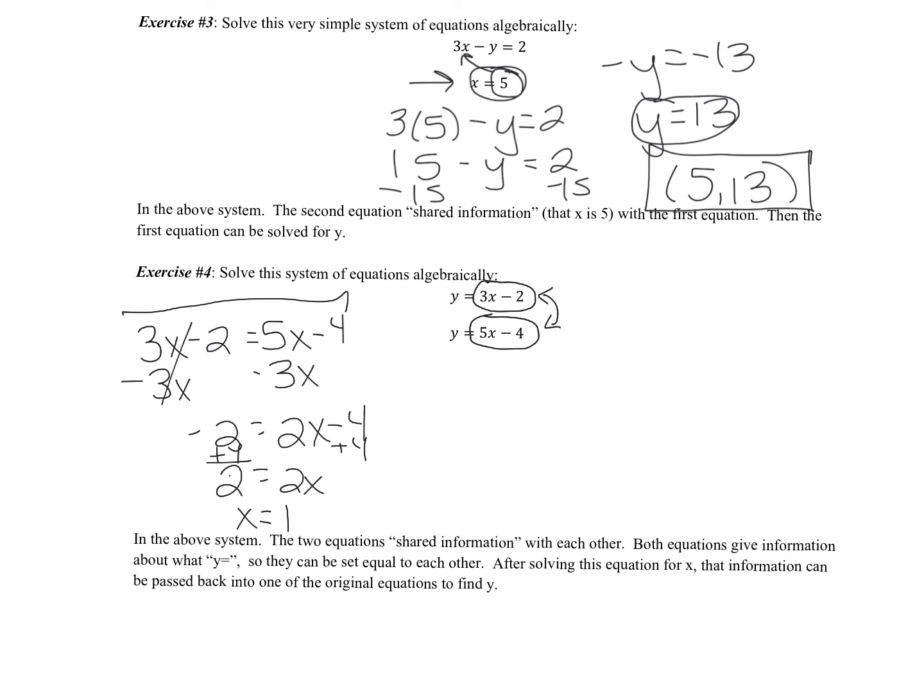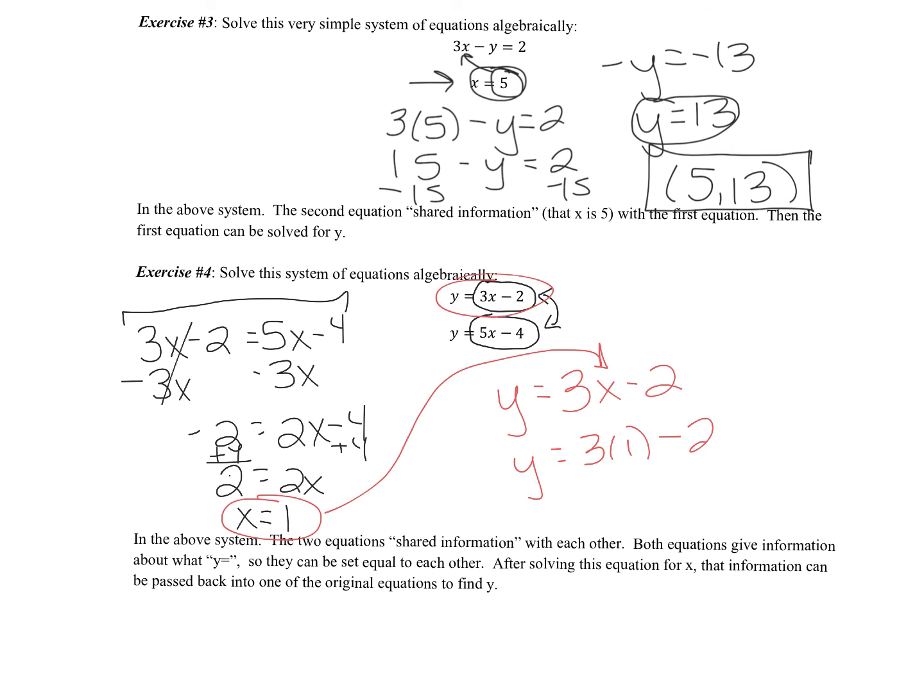I am going to choose the first one, so I'll just write it down. And this equation can now tell us that the x value has to be 1. 3 times 1 is 3, 3 minus 2 is 1. So here, our one answer is that the x has to be 1 and the y also has to be 1.